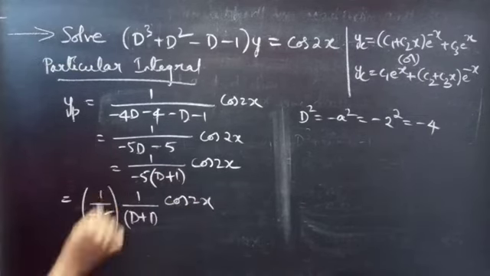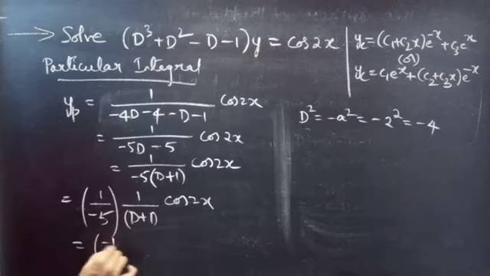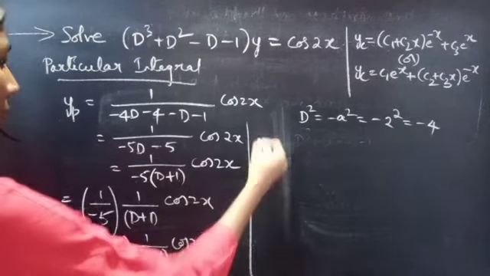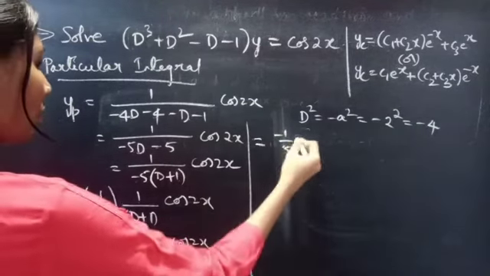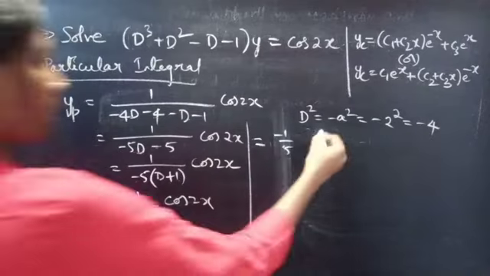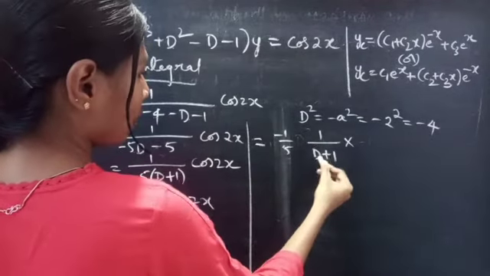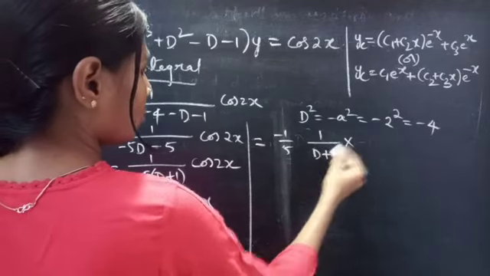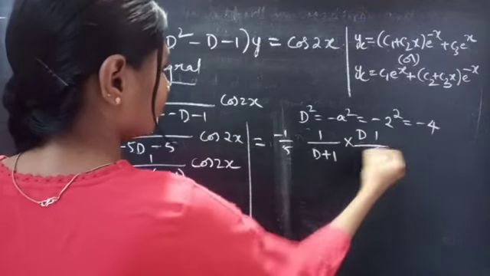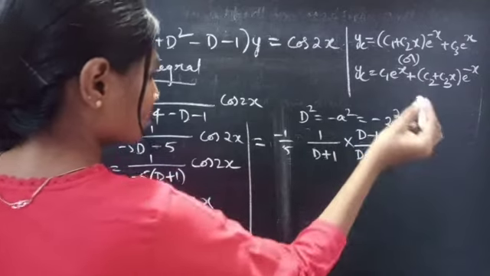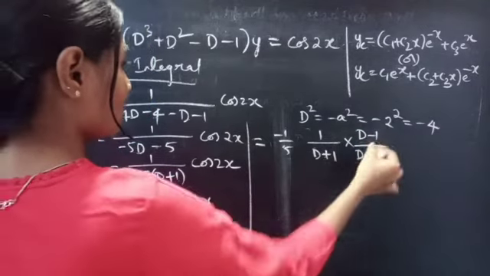We can write 1 by minus 5 as minus 1 by 5 into 1 by d plus 1 into cos 2x, which is equals to minus 1 by 5 into 1 by d plus 1. See, in the denominator we are having d plus 1, so we'll multiply and divide with d minus 1, just replace the plus by minus and write the two terms as they are.